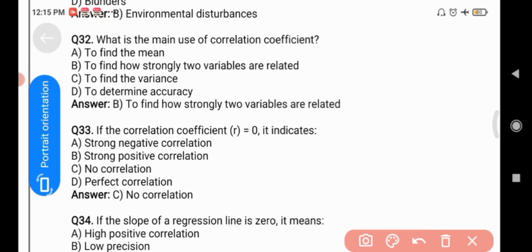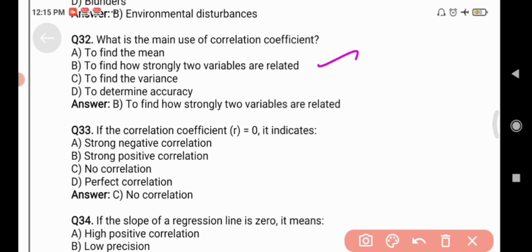What is the main use of correlation coefficient? Option B, to find how strongly two variables are related. If the correlation coefficient is equal to 0, it indicates option C, no correlation.